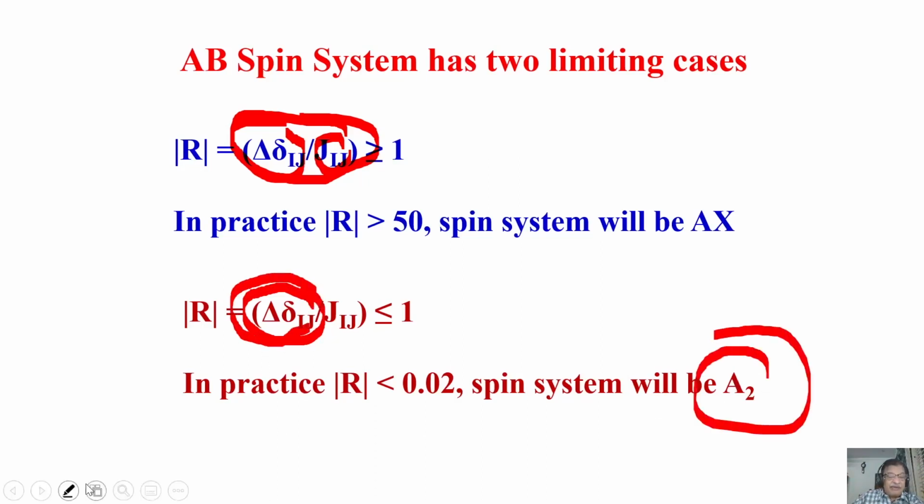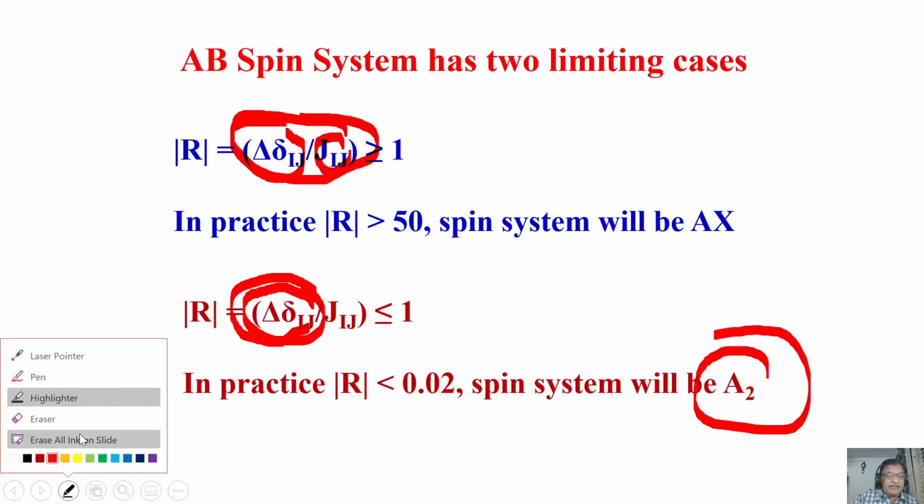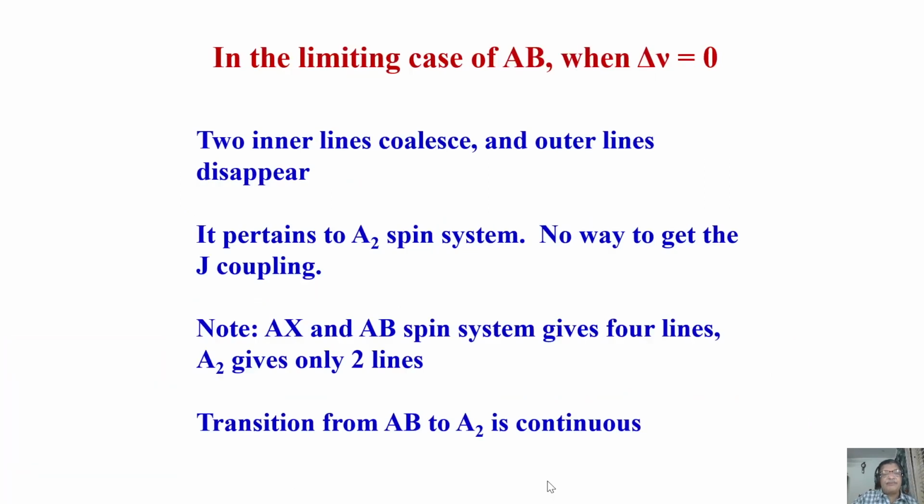So AB can be taken by increasing the magnetic field enormously to an AX spin system, or if the chemical shift separation is made to be 0 and the coupling between them is not reflected in the spectrum, it can become A2. So these are the limiting conditions of AB.